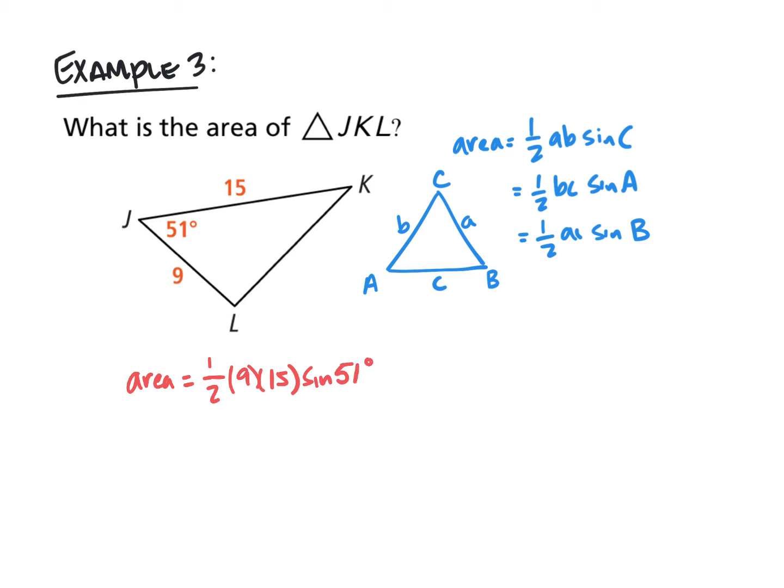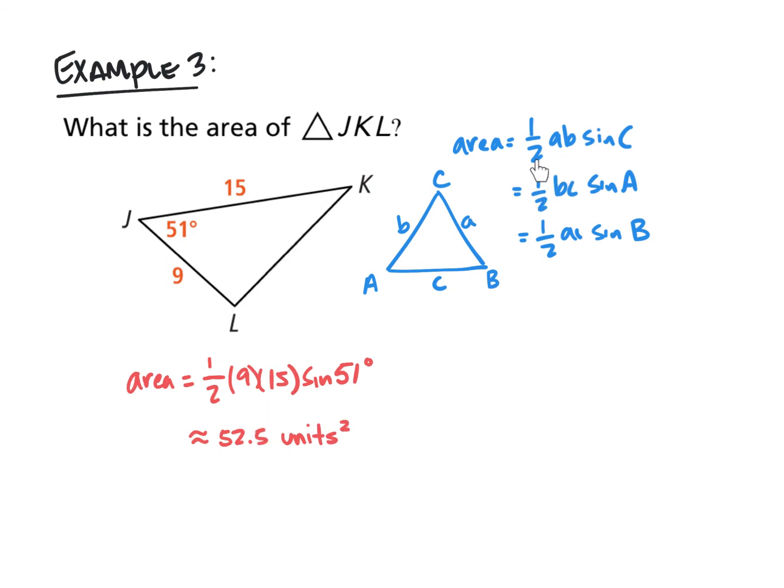And now all we do is grab our calculator and type this in. So I'm going to type in 0.5 instead of 1/2 because it's just a little bit easier, times 9 times 15 times sine 51. Typing all that in my calculator, I'm going to get about 52.5 square units.